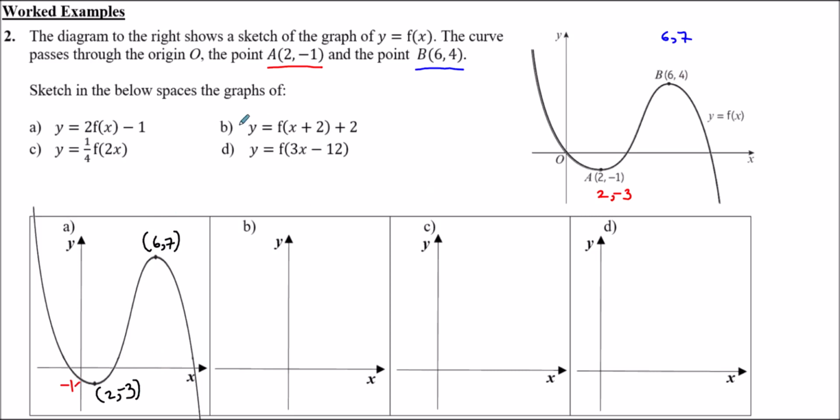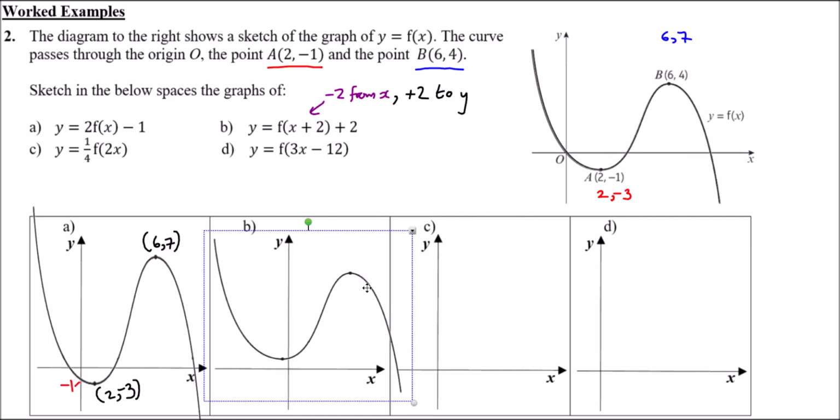For B, y equals f brackets x plus 2, then plus 2. So what's going to happen here, that plus 2 is going to be -2 from the x values, and then plus 2 there means we're going to add 2 to y. So this curve here, it was like this, essentially going to go 1, 2, then 1, 2.